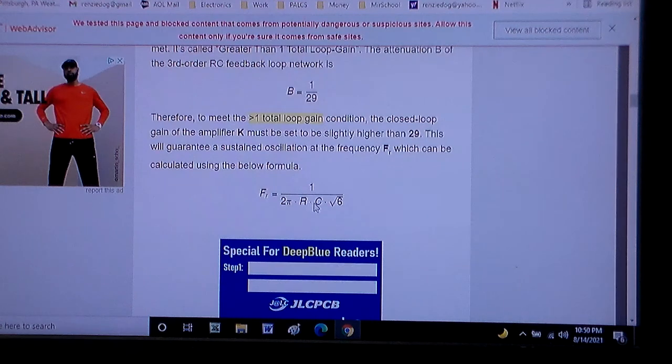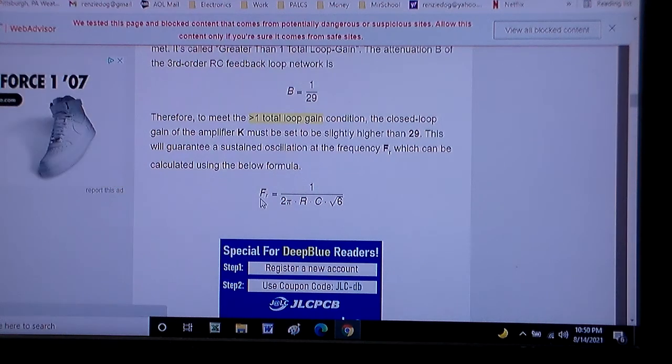These 2 are the only variables we could have, and since it's all underneath the 1, it's basically a division problem. Anytime these numbers increase, the FR is going to decrease. So if I take resistance up or capacitance up, frequency is going to come down.